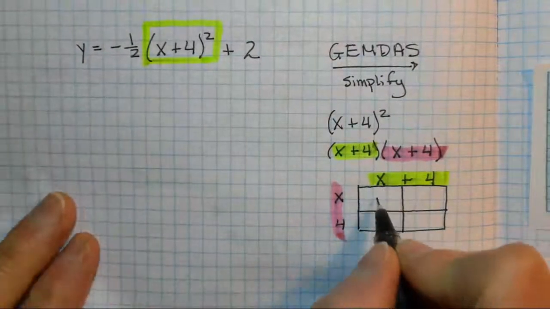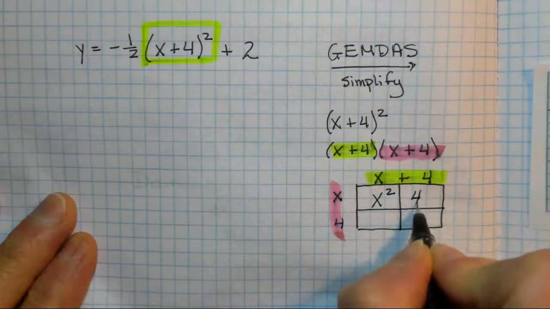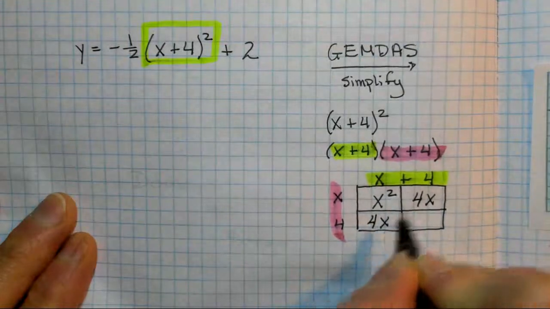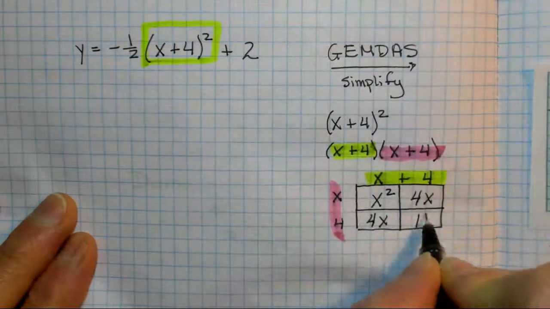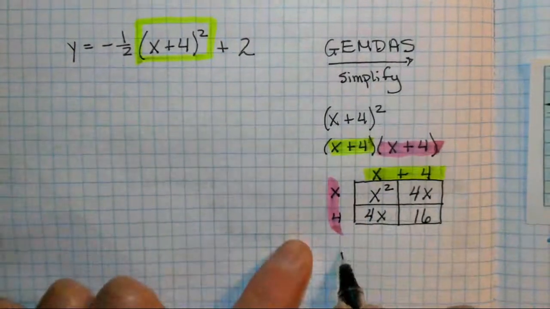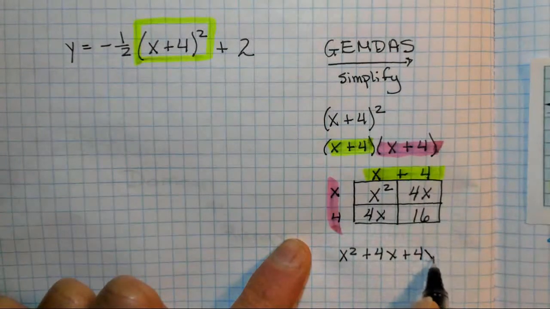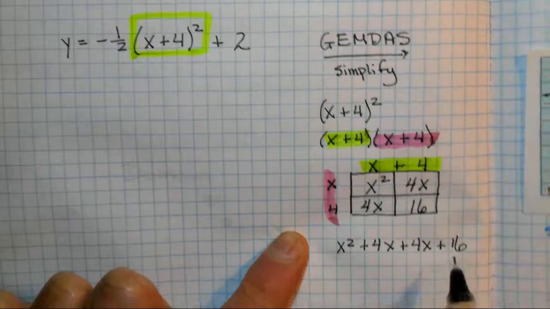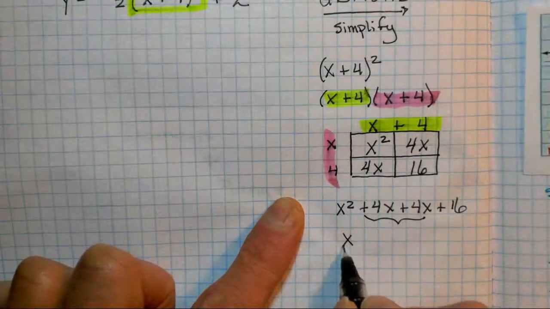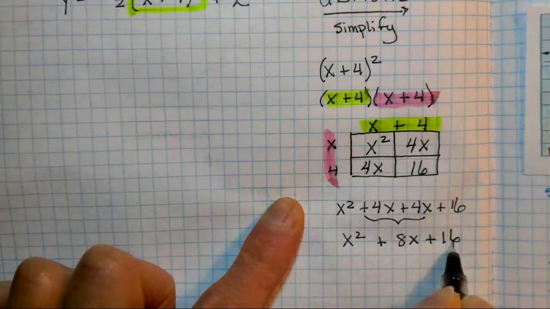So x times x is x squared, x times 4 is 4x, x times 4 is 4x, and 4 times 4 is 16. So now I have to add up my area. So that is x squared plus 4x plus 4x plus 16. These are like terms, so this is going to be x squared plus 8x plus 16.